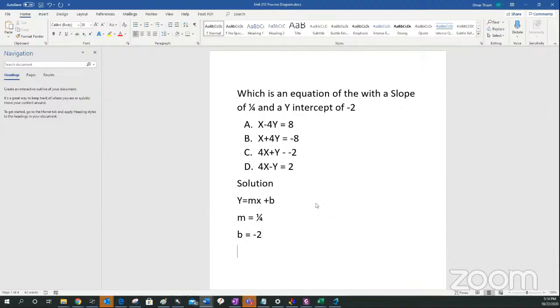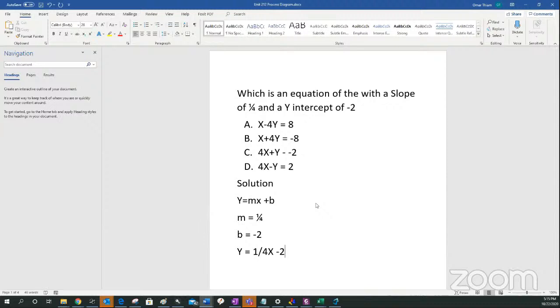The y-intercept is where you are passing through the y-axis, so your x is equal to 0. If we write that equation, it gives us y equals 1/4 x minus 2.